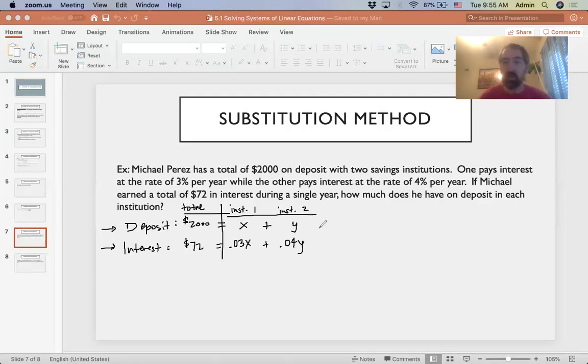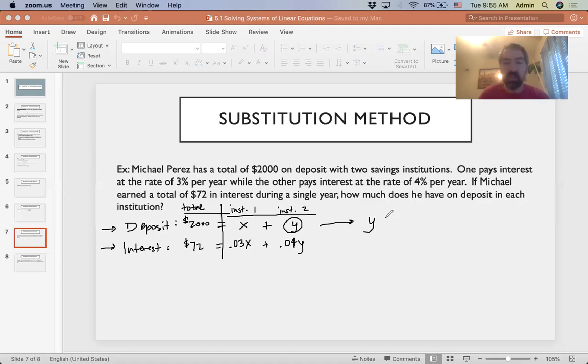All right, so we'll go back through our substitution method steps, where we solve one of the equations for one of the variables. I'll solve the first equation for Y by subtracting X from both sides.